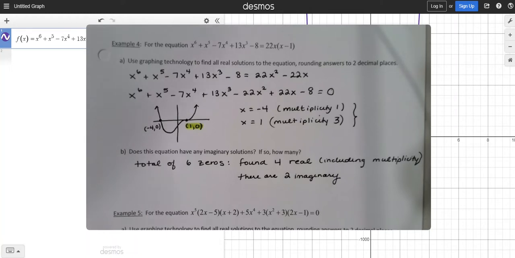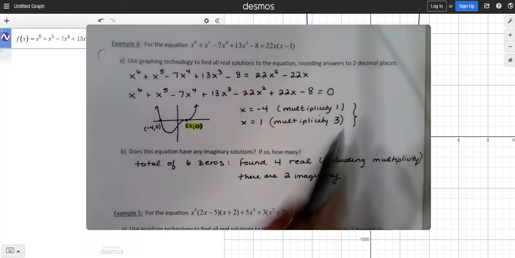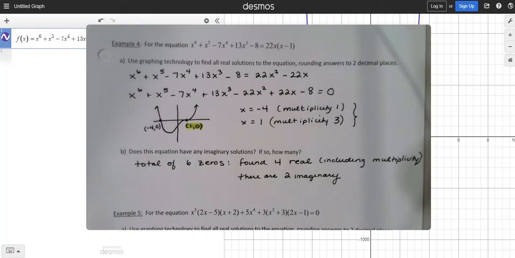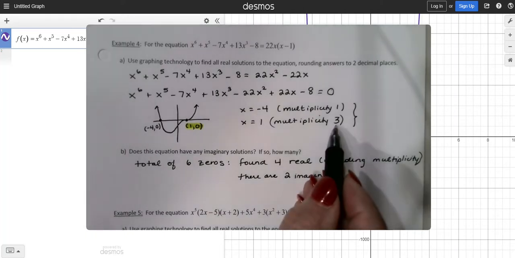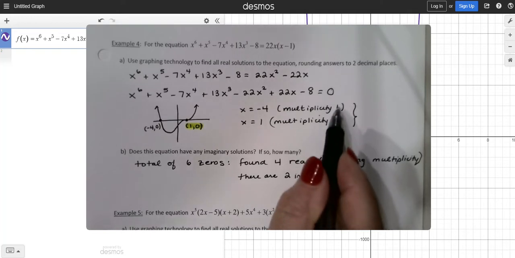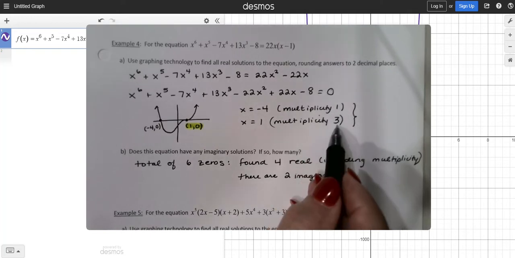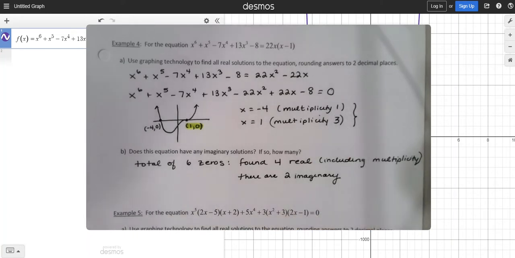It wasn't a bad assumption to say I think that's multiplicity 3, but I want to think about something for just a moment. If that had been multiplicity 5, I would have found all of the real zeros, or all the zeros would have been real. I would have had multiplicity 5 here, plus 1 more, would have given me 6 total, and that would have been it, right?